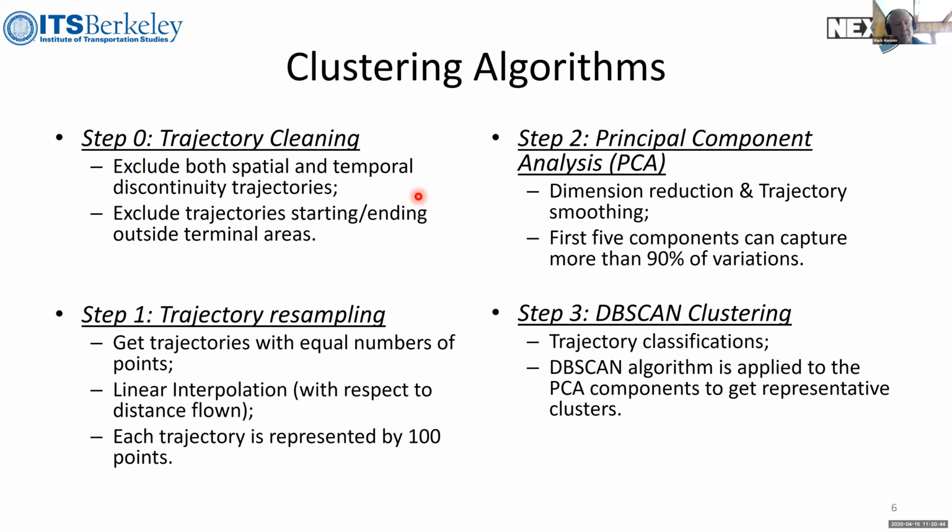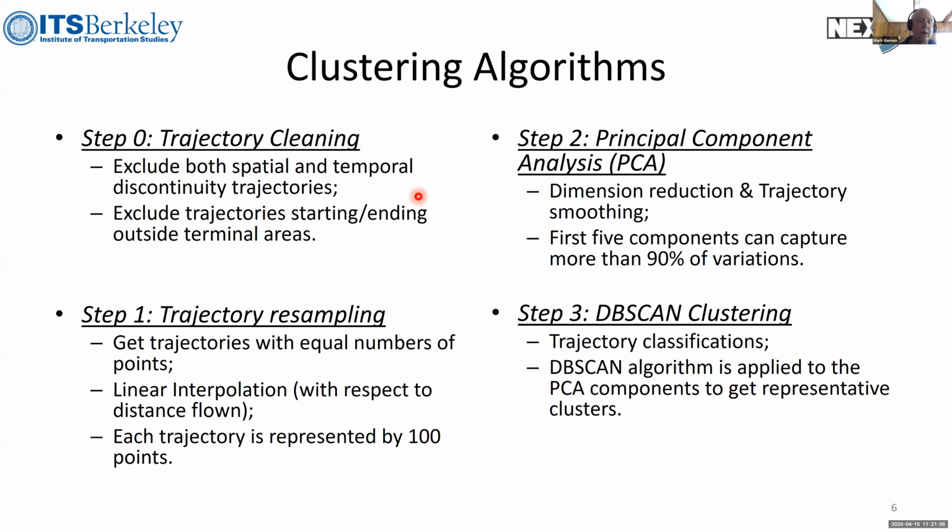Also, for our particular purpose, we don't want to get into the details of the departure and approach phases of the flight. So we'll just look at the trajectories beginning and ending outside the terminal areas.